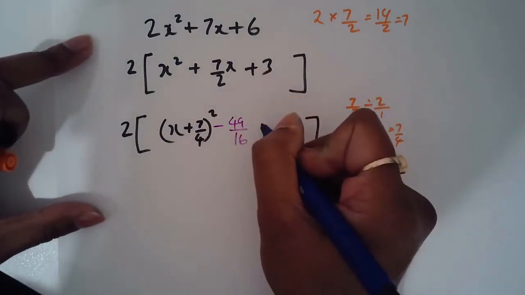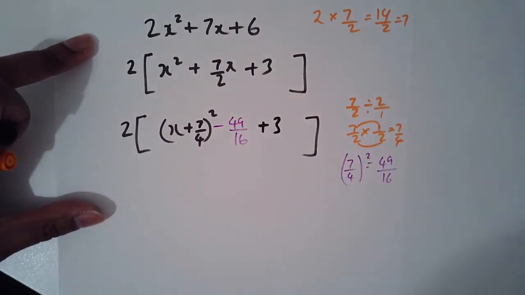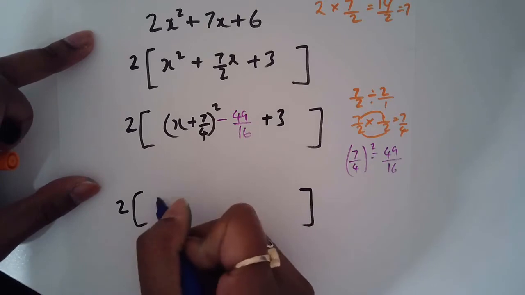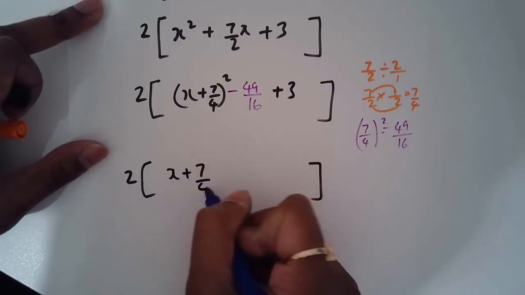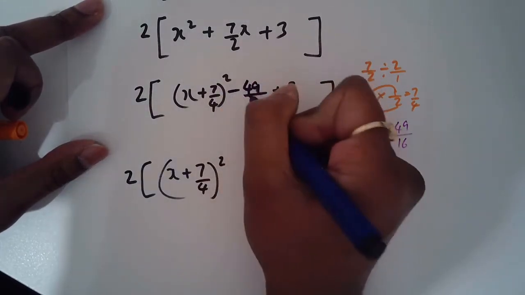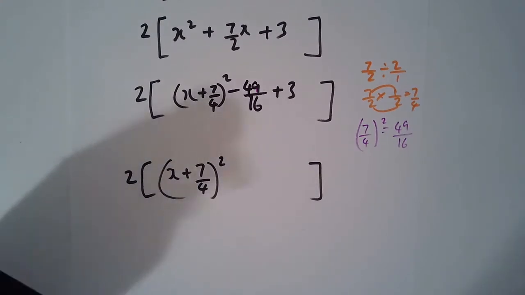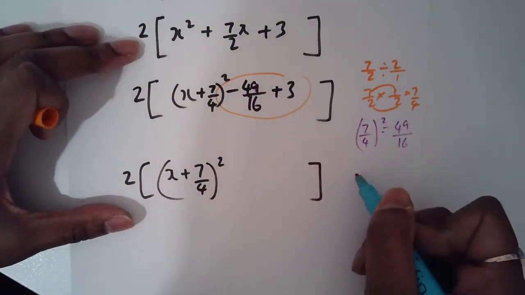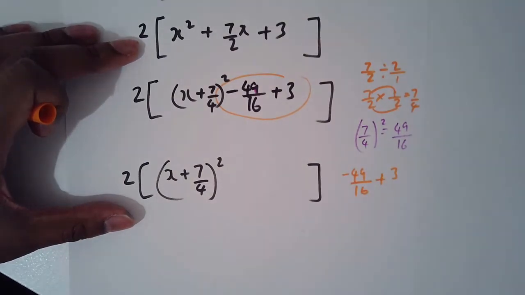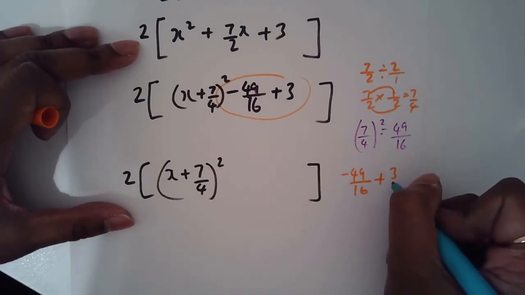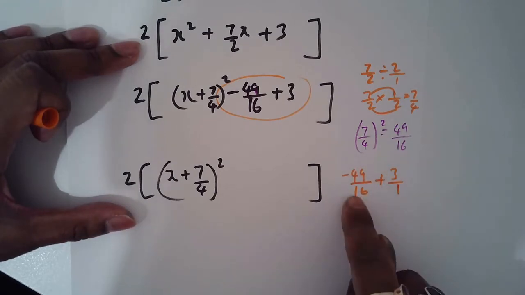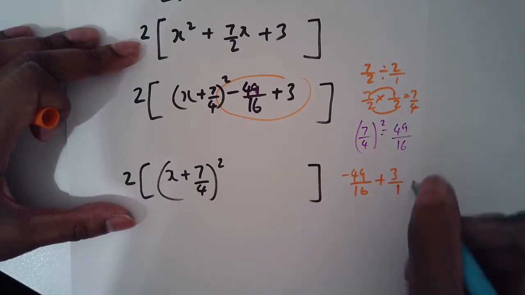Don't forget to add 3. I'm going to simplify that. Keep the 2 out of play for the time being. Now I'm worried about this bit here. I need to simplify this. I'll do it over here. Just put a 1 there to make it easier. I wanted to do the crisscross method for this because I can make the 1 into a 16, the same denominator, but times it by 16.